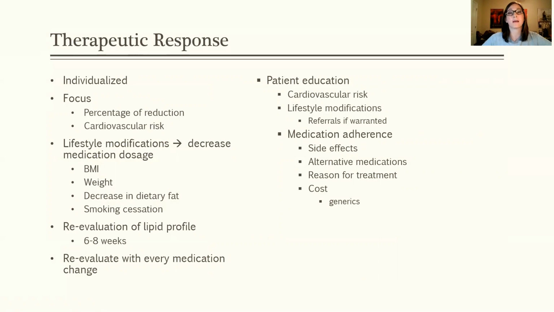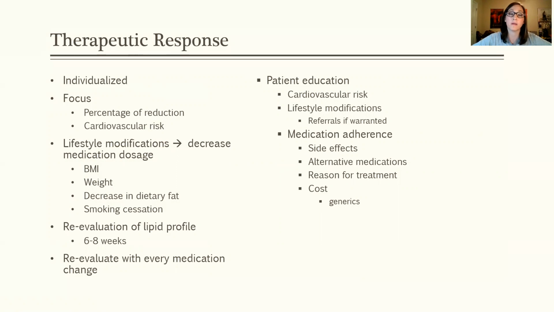So making those lifestyle modifications. A lot of times, if individuals can modify their lifestyle, doing things such as decreasing their BMI and weight, and decreasing saturated fat in their diet, or stopping smoking, or getting better control of their blood pressure, medications can typically be reduced a lot of times in these individuals.